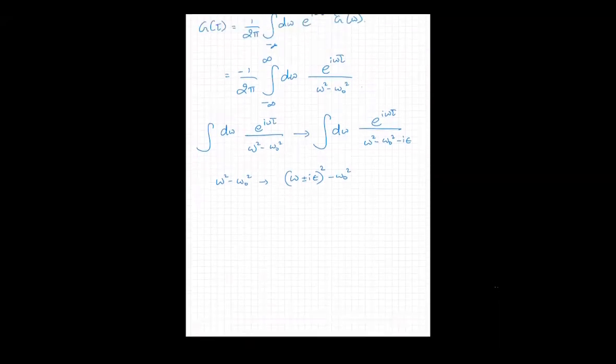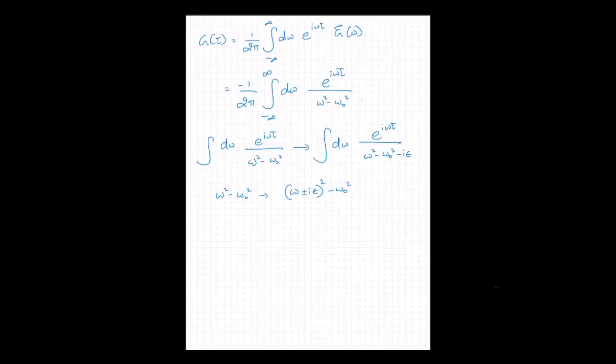So these things shouldn't matter, but I'll have to take the limit carefully. So what is this? This is equal to omega square plus minus epsilon square plus minus 2I epsilon omega minus omega 0 square. And since I'm going to take the limit epsilon very close to 0, I can always neglect the epsilon square term. So this is basically equal to omega square minus omega 0 square.